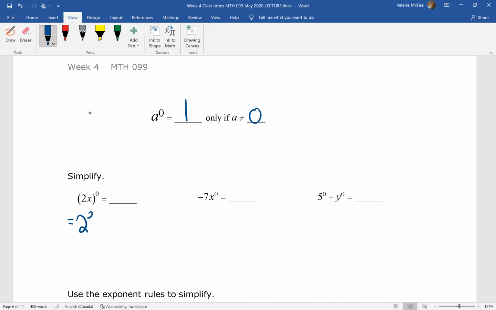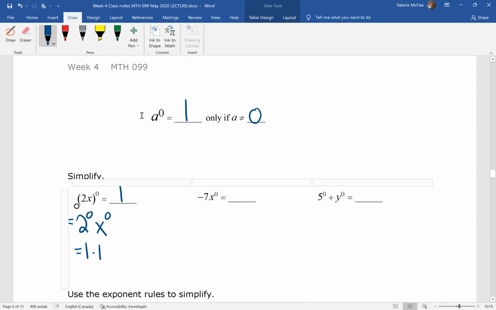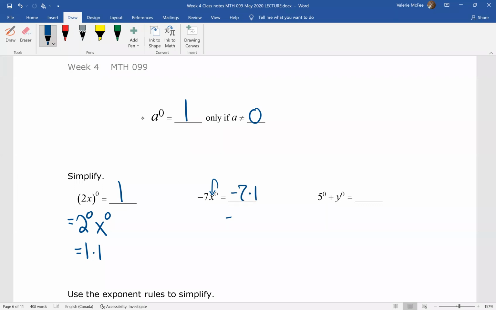That means we have 2 to the power of 0 times x to the power of 0, which is just 1 times 1, or 1. What did you get for the next one? Did you remember that that power of 0 is only applying to the x? -7 times 1. That equals -7. And here, 1 plus 1 equals 2.